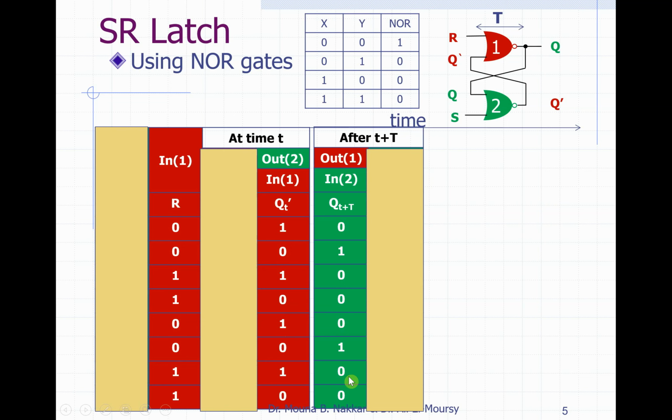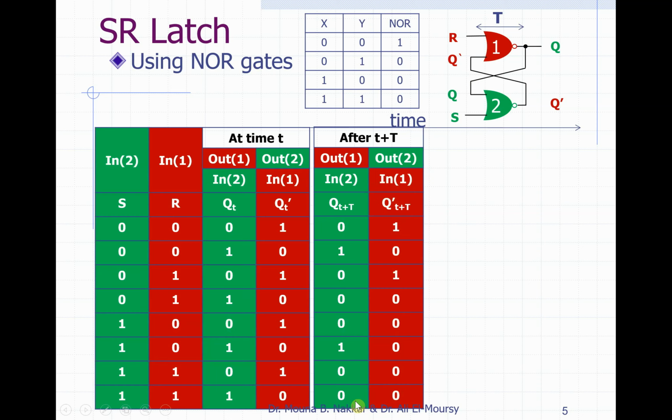So we can easily derive this column for Q, which is the output at t plus tau, from knowing the R and the Q bar for the first NOR gate. Convinced enough? Is this correct?